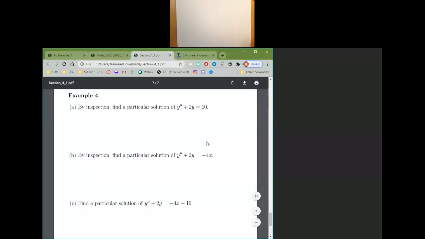If you find a solution to this linear equation and this linear equation, then the sum of those things, just a flat sum, is going to be a particular solution to this differential equation because the left-hand side matches and the right-hand side is a linear combination of these two.